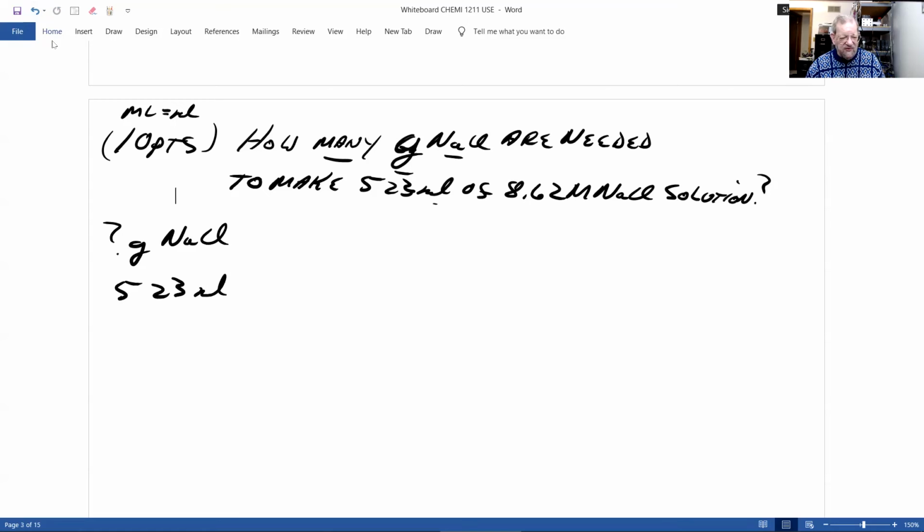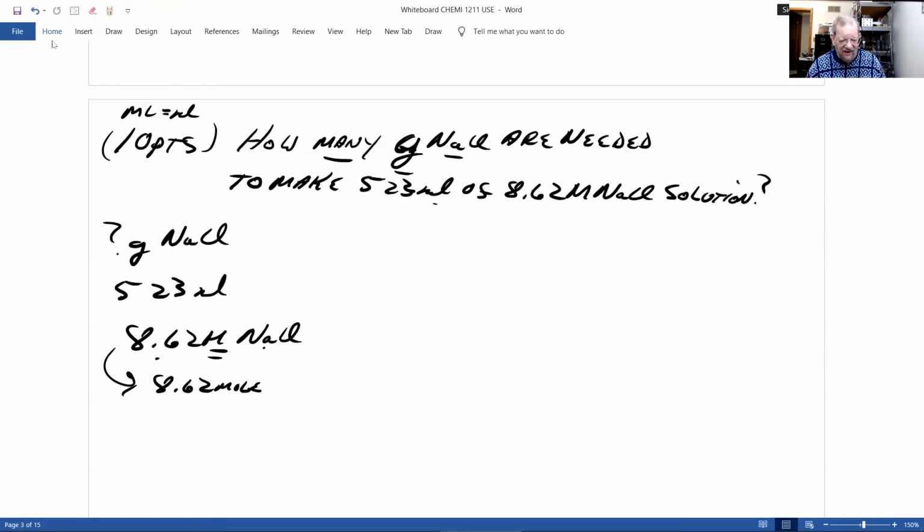523 milliliters of solution, and we're given this right here. And as soon as I see capital M and one side a number, the other a formula, I know that's molarity. And before I go any further, I'll say, what does that mean?